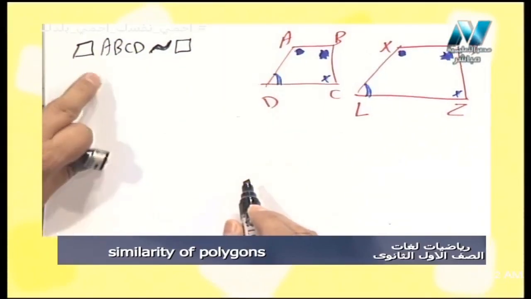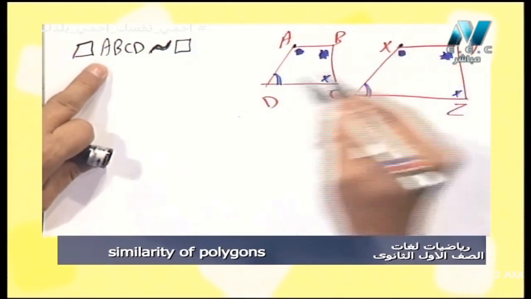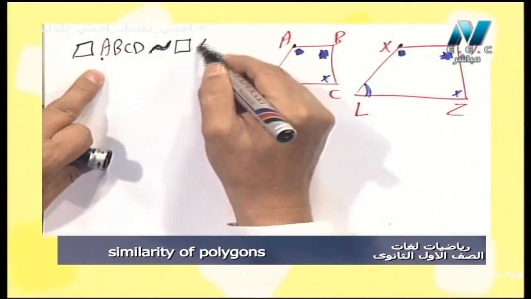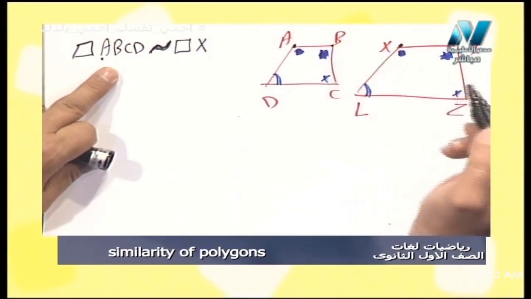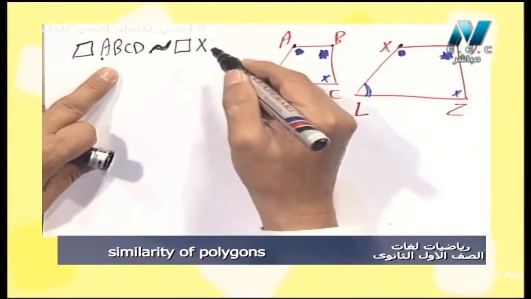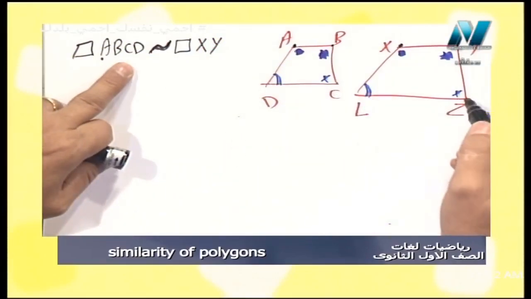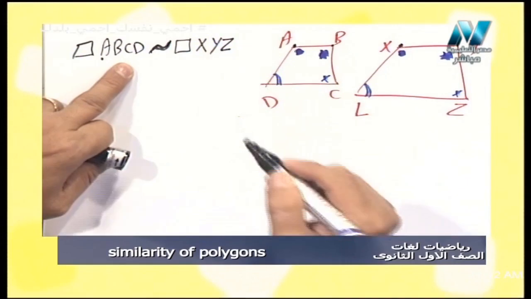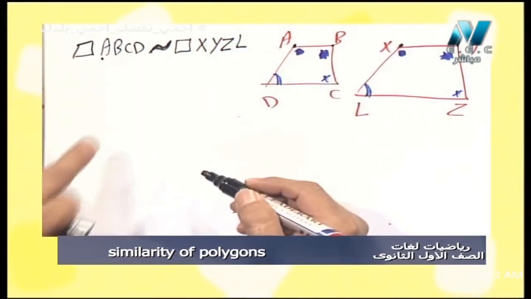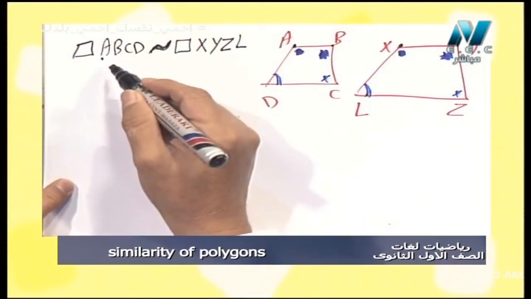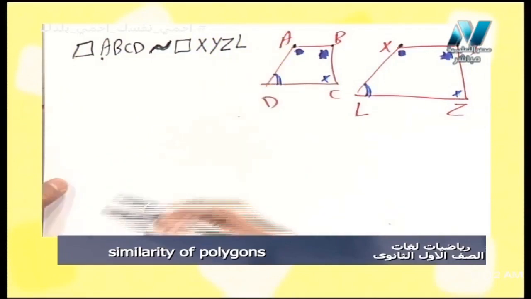Look carefully at A. A is corresponding to X, so we write X. B is corresponding to Y, so we write Y. C is corresponding to Z, so write Z. D is corresponding to L, so it's L. And we have here quad ABCD is similar to the quad XYZL.